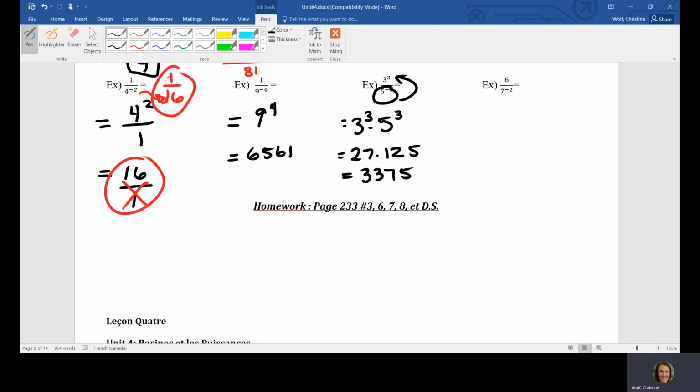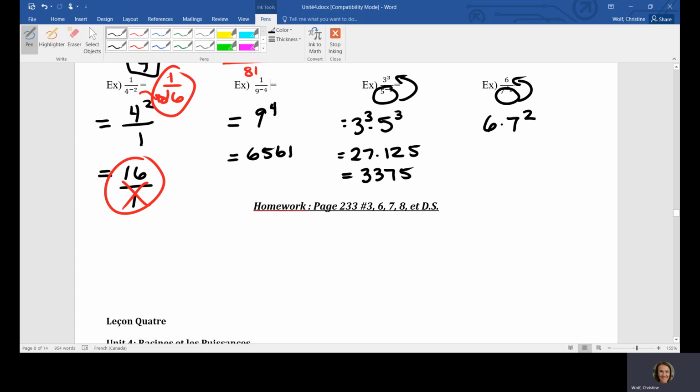Ici, le dernier. Vous avez un exposant négatif en bas. So, on sait que le 7 a besoin de bouger en haut. Est-ce que le 6 bouge? C'est quoi l'exposant sur le 6 maintenant? 1, a positive one, right? He didn't do anything wrong. Don't move him. So, en haut, vous avez un 6 déjà là. Et puis, le 7 vient en haut à côté du 6.